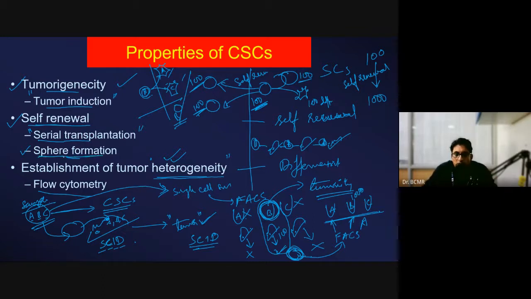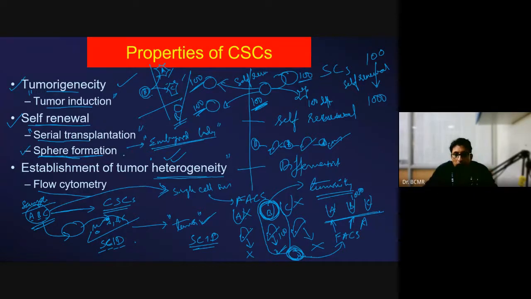The in vitro test is sphere formation. That means, if you remember something like the embryoid body, the embryoid body is when we take embryonic stem cells and perform the hanging drop method, and they will form embryoid bodies like this.